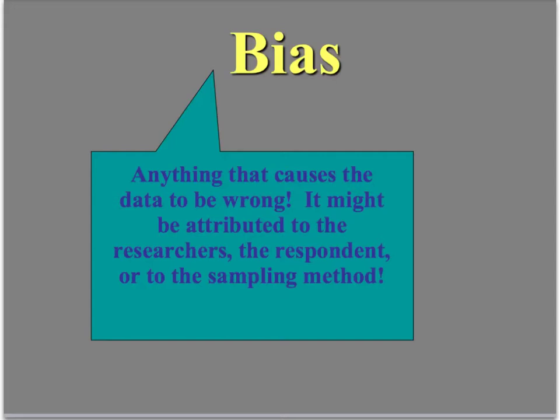It can be attributed to the person performing the research. If you're doing the study, maybe you didn't do it correctly, maybe you didn't ask questions that were proper and they were leading questions. It can also be attributed to the person that's responding to the questioning for your sample, or to the sampling method itself, because you didn't use the correct sample.